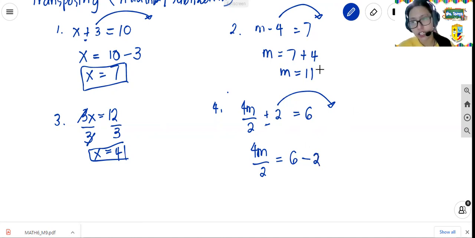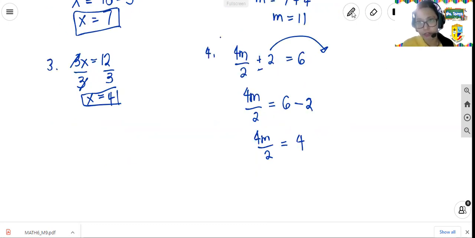So if it's plus here, it has to be minus on the right side. So we will have 4m over 2 is equal to 4. And then we can simplify this to 2m equals 4. Then based on the example in 3, if you have a coefficient in the variable, just simply divide that.